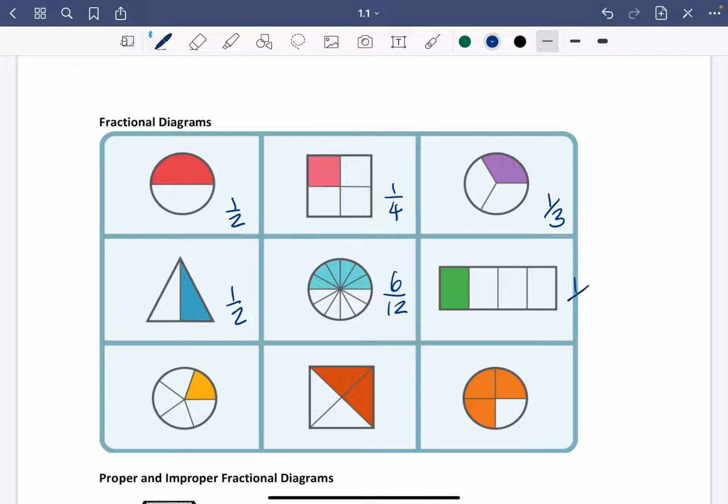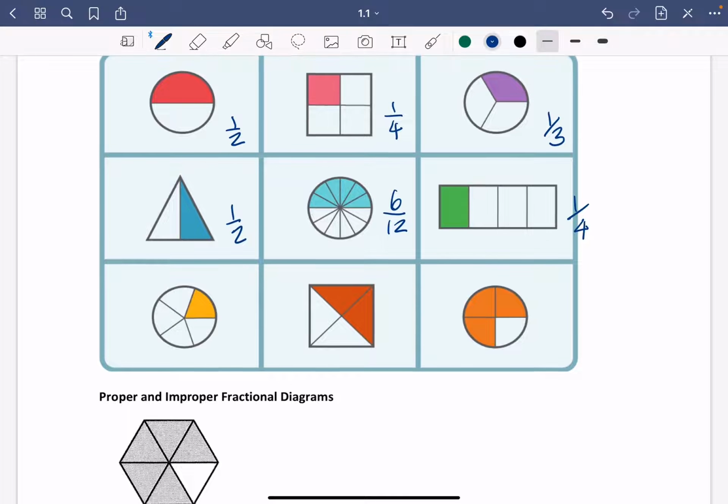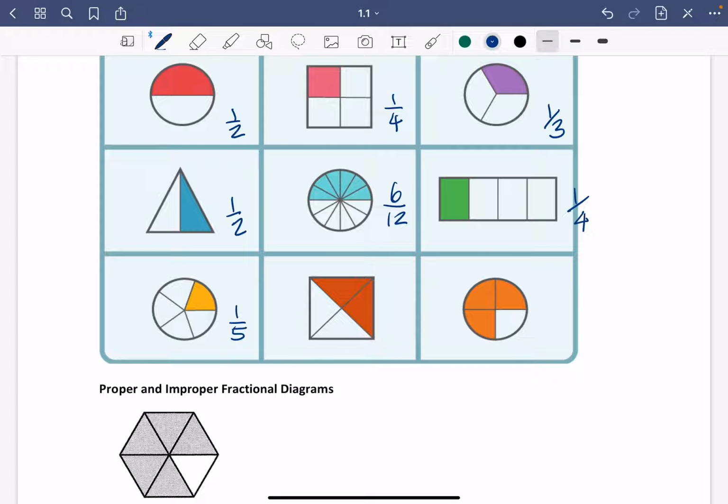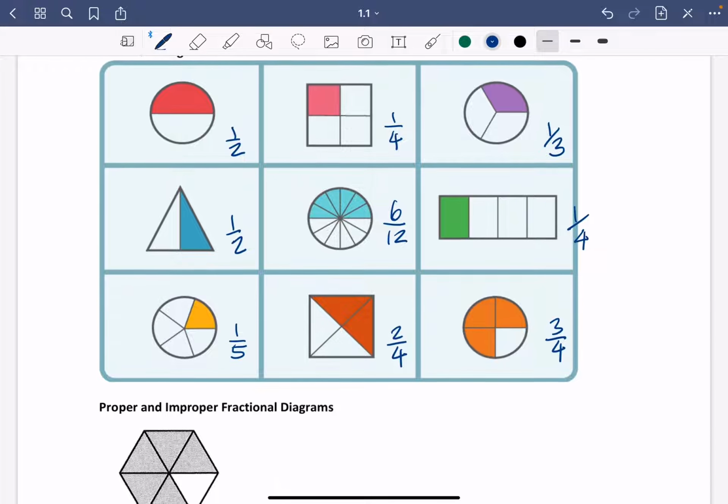And the next one, one section is shaded, and there are a total of 4 pieces. And the next one will be 1/5, 2/4, and 3/4. Okay, you guys will need to know how to read the fractional diagrams.